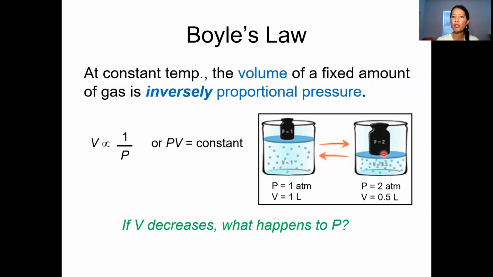What that does is it squeezes that volume smaller. So the volume is halved. You could think about it another way. What if you decreased the volume? Let's say I started out at a volume of 1 and I just decreased the volume to 1/2. Then that means the pressure must have doubled just because they're inversely proportional.